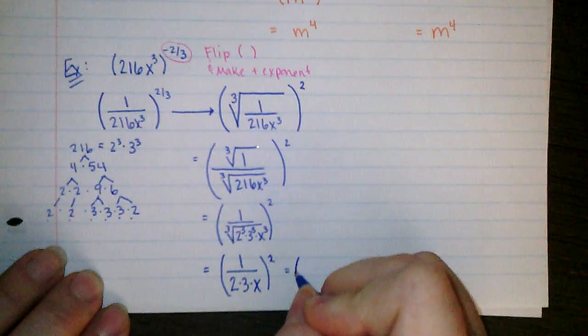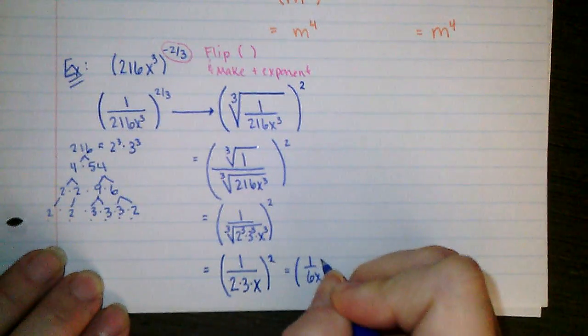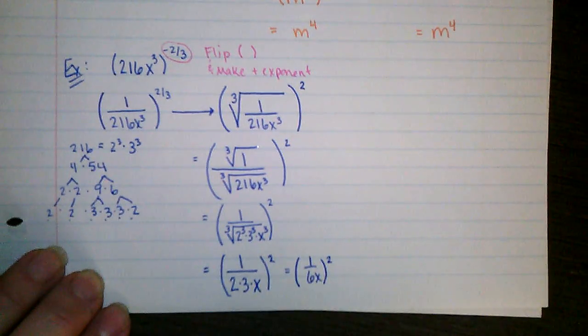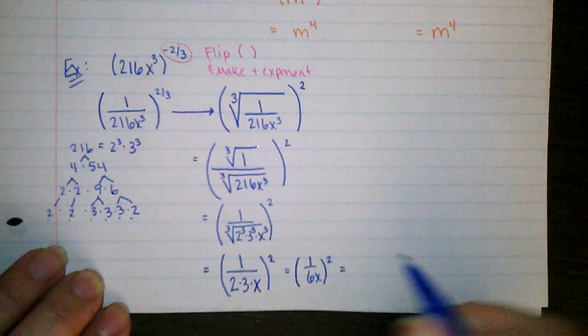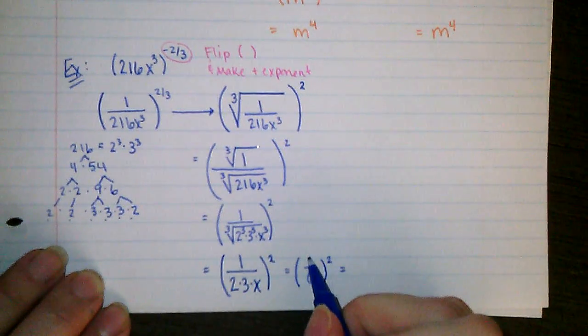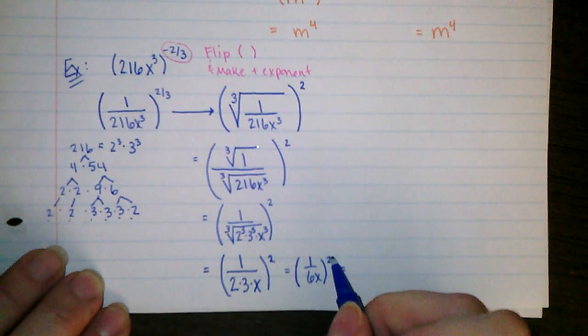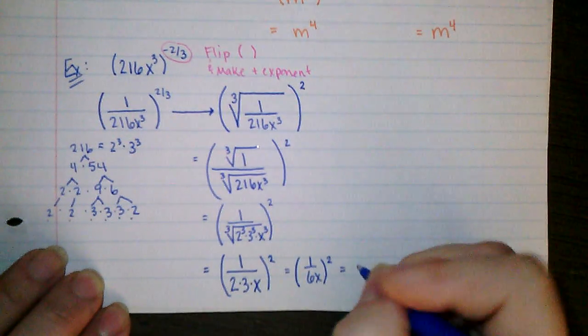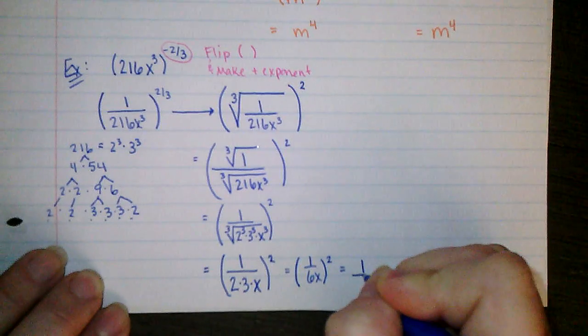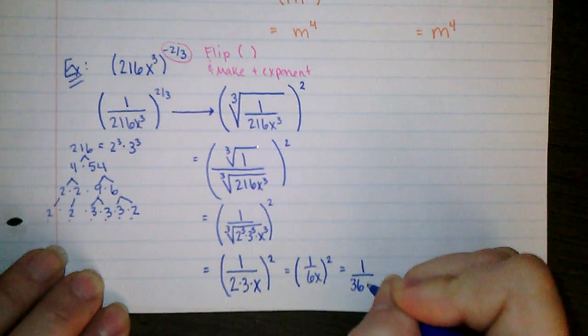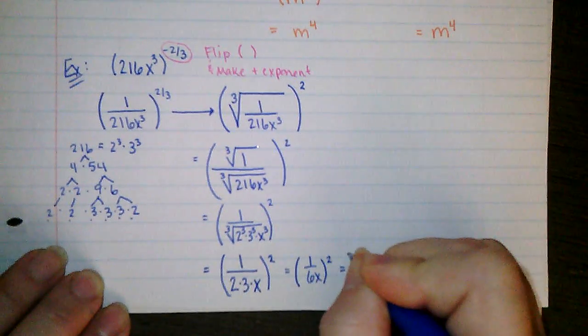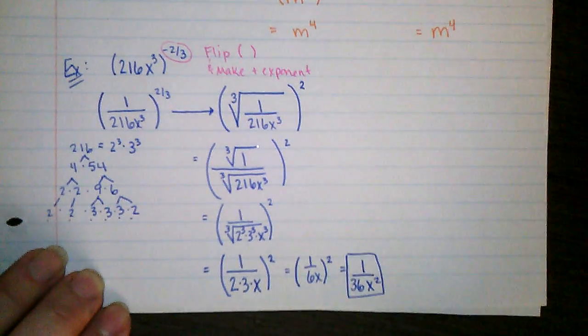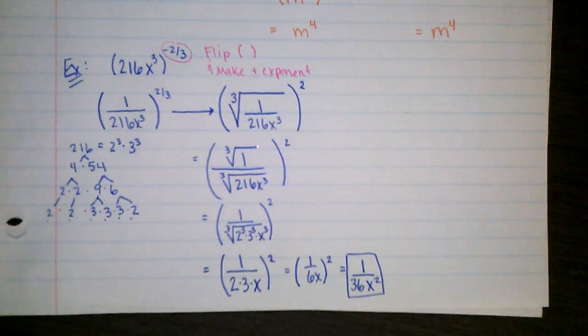So basically what I have is 1 over 6x squared. And then remember that means I have to do 1 squared, 6 squared, and x squared. So 1 squared is 1, 6 squared is 36, x squared is x squared. So my ending answer would be 1 over 36 x squared.